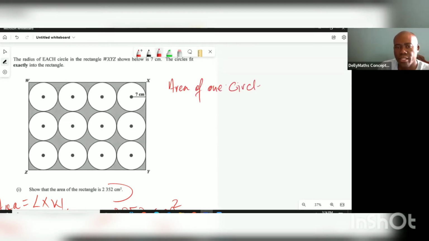So finding the area of one circle with a radius of 7. Remember, the area of a circle is pi r squared. Pi is given as 22 over 7, so we're talking about 22 over 7 times r, which is 7 squared. So pi r squared.